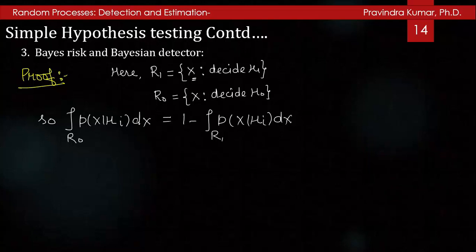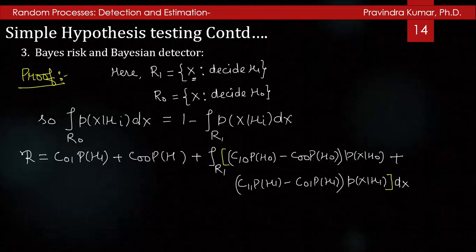So from this probability property, the Bayes risk can be written as C01 P(H1) plus C00 P(H0) plus the integration over R1 of [C10 P(H0) minus C00 P(H0)] into the conditional probability P(x|H0) plus [C11 P(H1) minus C01 P(H1)] and the conditional probability P(x|H1) dx.